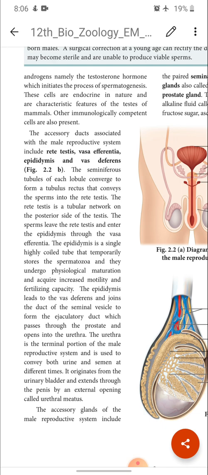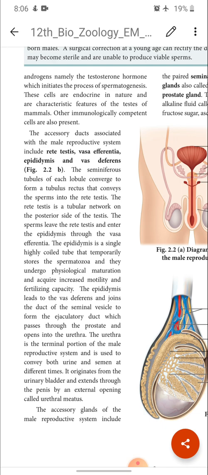You know that when you attend a competitive exam, you will have a question like this: when the epididymis is not present, the result will be, okay, and you will get many options. Sometimes one of the statements is not correct.